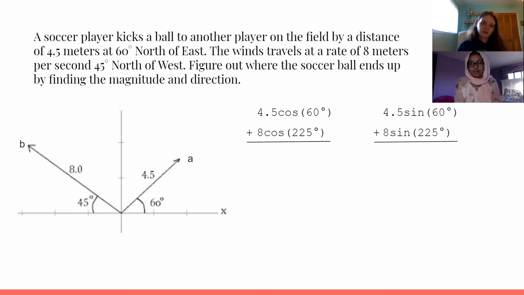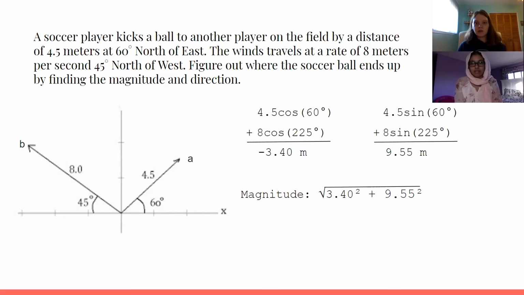So our final horizontal component would be negative 3.40 meters, and our vertical component would be 9.55 meters. So to find the magnitude, we would do the square root of 3.40 squared plus 9.55 squared, which gives us 10.14 meters.